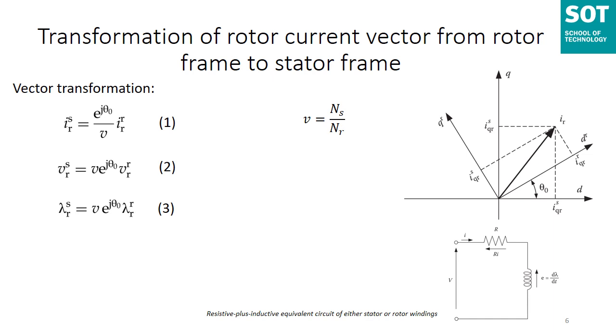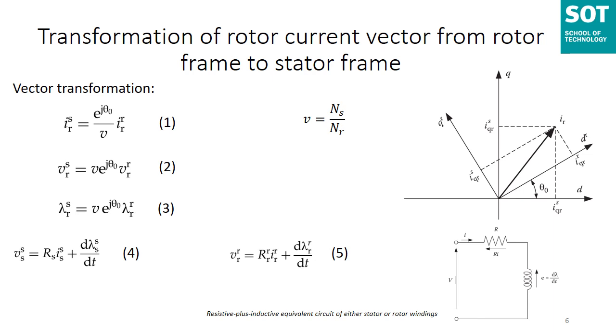Now, if we apply Kirchhoff's voltage law here, looking at it for the stator, the equation for the stator winding can be written as equation number 4. And for the rotor winding, I can represent it as equation number 5. Now please look here, you know what lambda is, what I is, what V is.